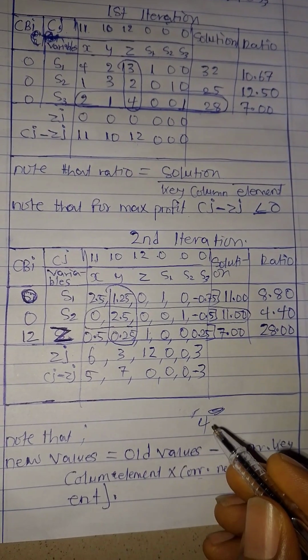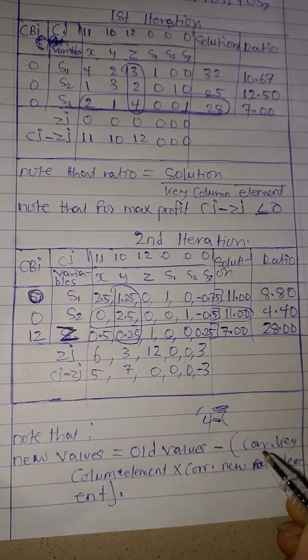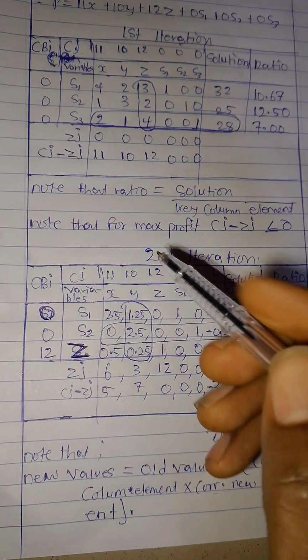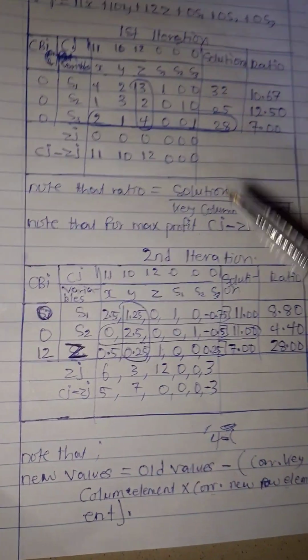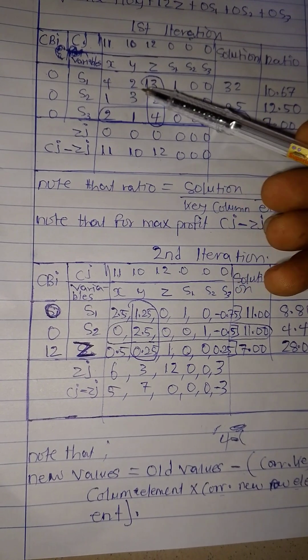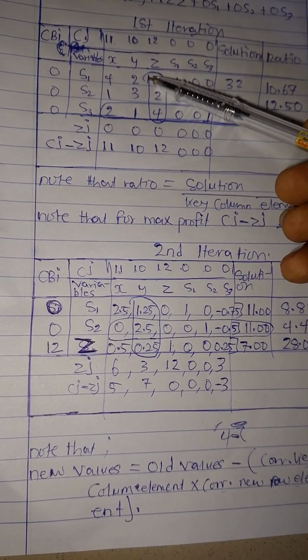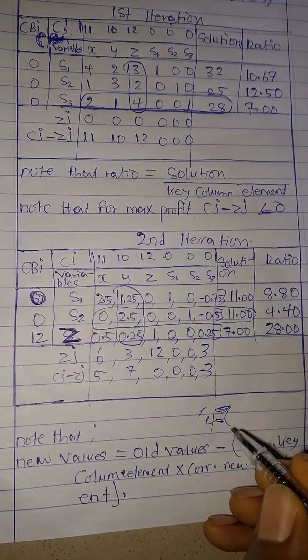So that becomes 4 minus bracket. What's my corresponding key column element? The column under this x1, the corresponding key column element is 3. So that becomes 4 minus 3.